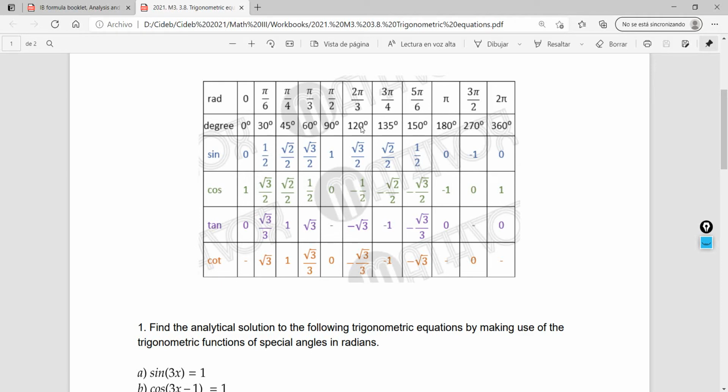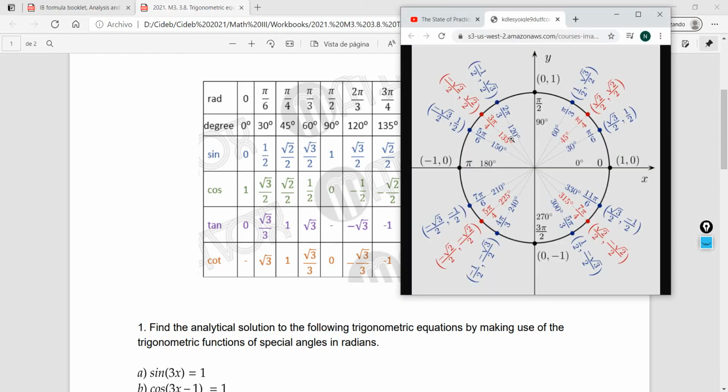But now we're going to start using the trigonometric functions of all the rest of the special angles, which are this, and this. And no, there are actually more. It's represented better in this image.